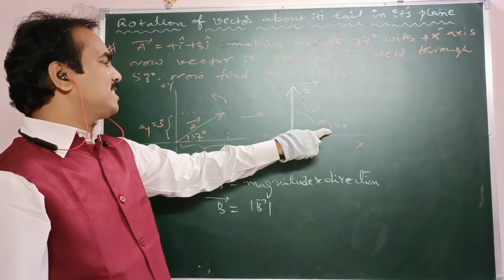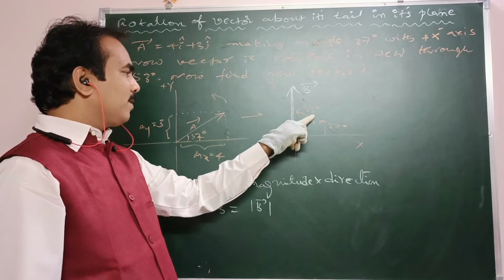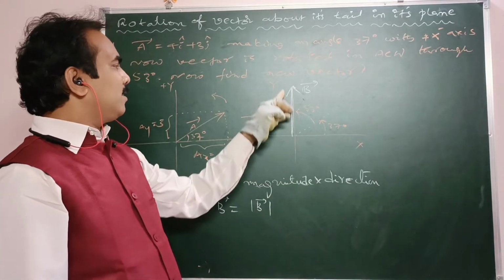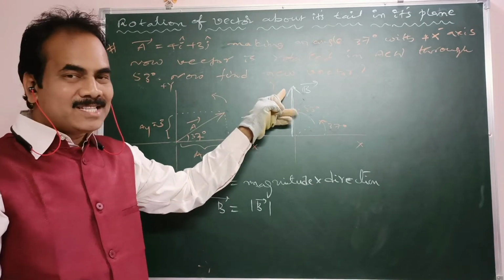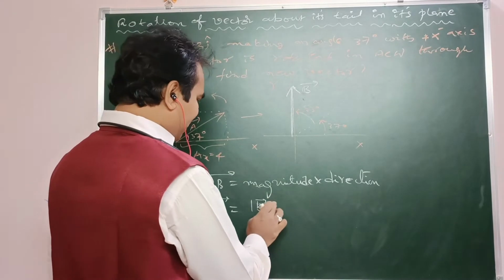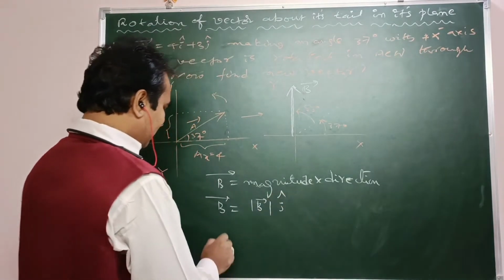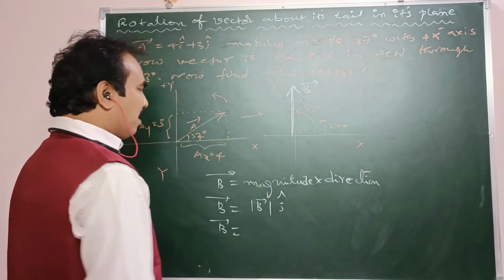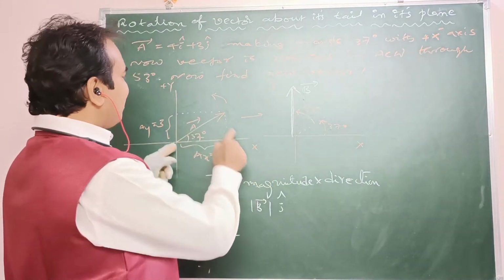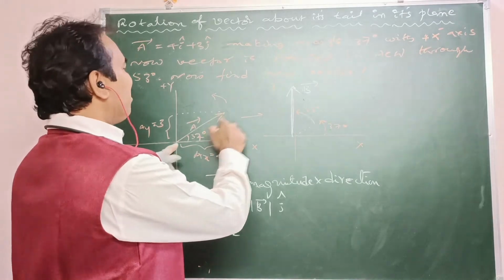Previously it is making 37, after rotation it is making 37 plus 53, that is 90 with x, which is the positive y direction. What is the unit vector along positive y direction? That is j cap, so mod b bar into j cap. Mod b bar means mod a bar, because even though it is rotated, the magnitude remains same for a bar and b bar.